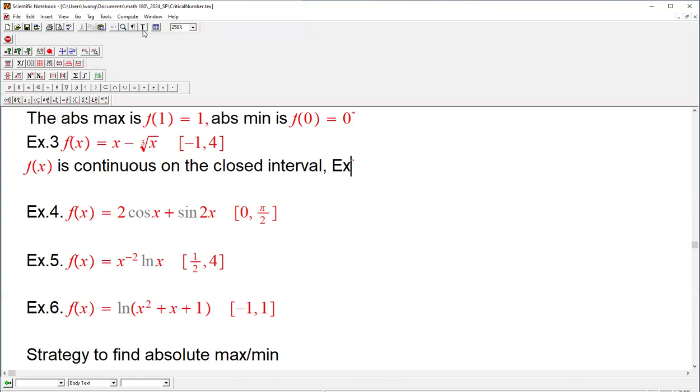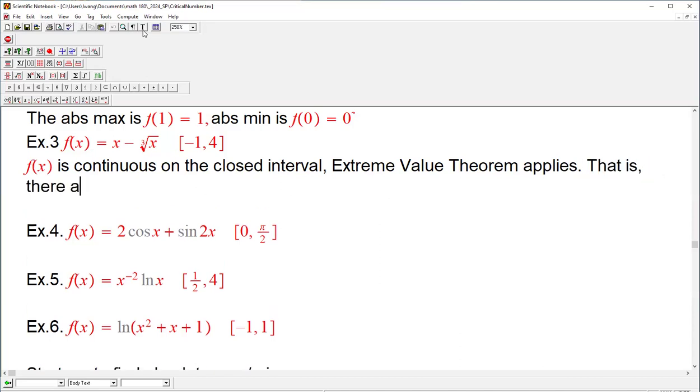So the extreme value theorem applies. That is, there are an absolute max and an absolute min in the interval.